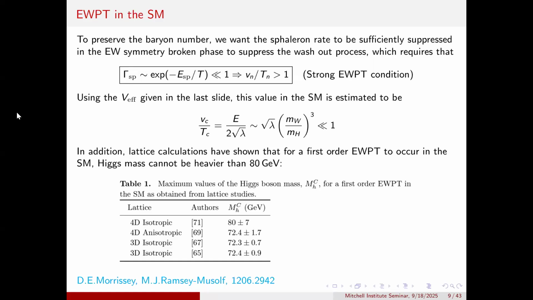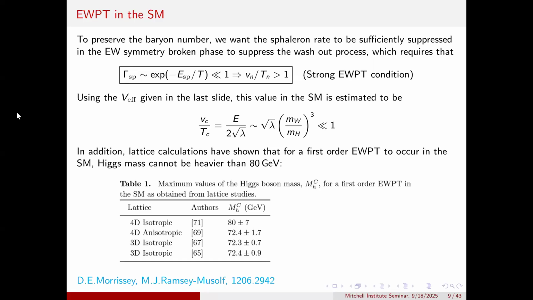quantification of the strength of the phase transition. So this is estimated to be of a certain order in the standard model, and this is much smaller than 1. Even if the standard model could provide a first order phase transition, it is not strong enough for baryogenesis for this reason.